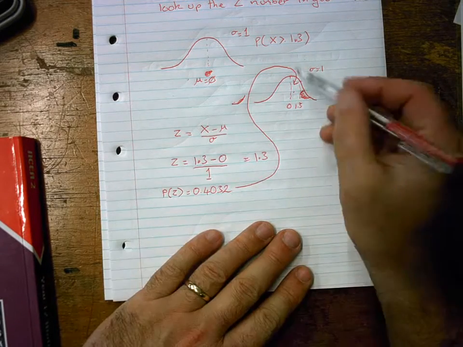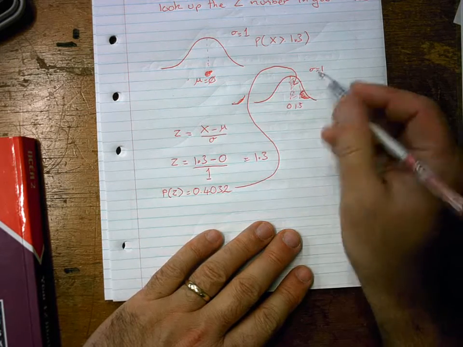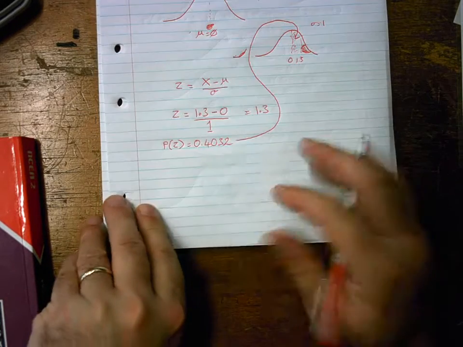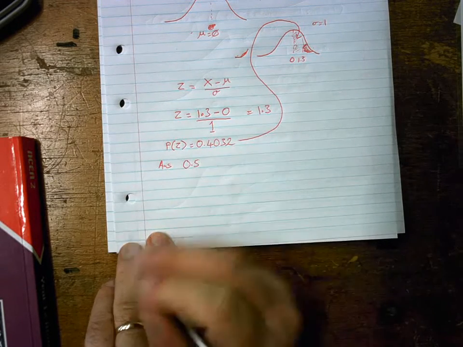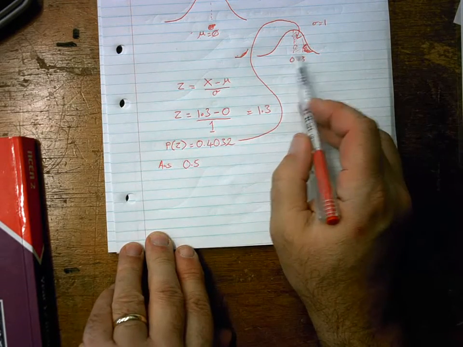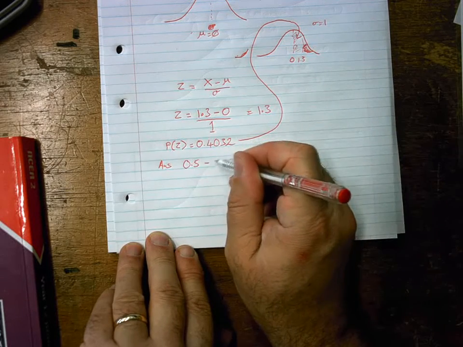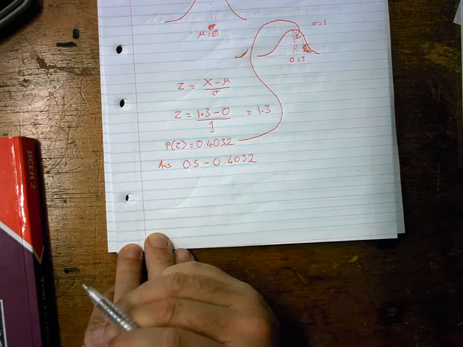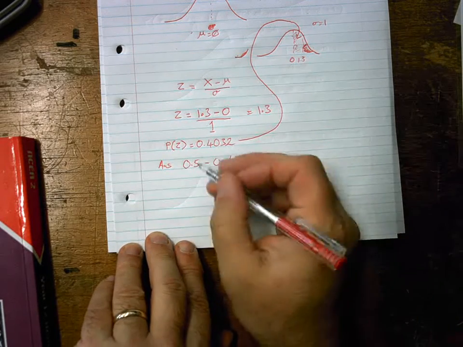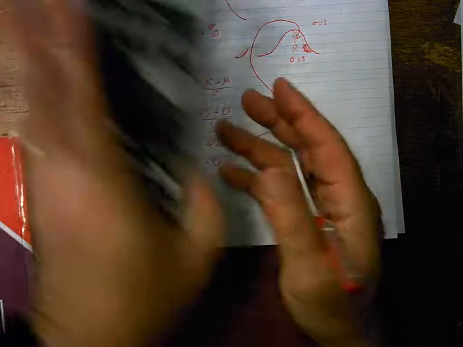So we work out the probability of this space here, which means I now know the answer to my question is going to be 0.5, because it's half of it, isn't it? Take away 0.4032. I'm going to use my calculator just to be sure.